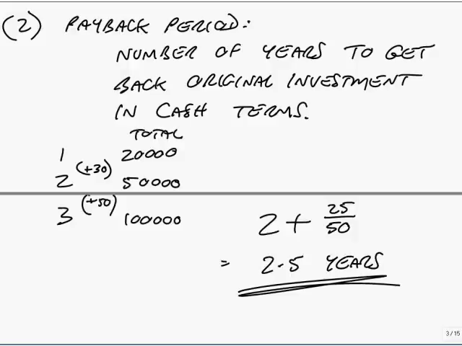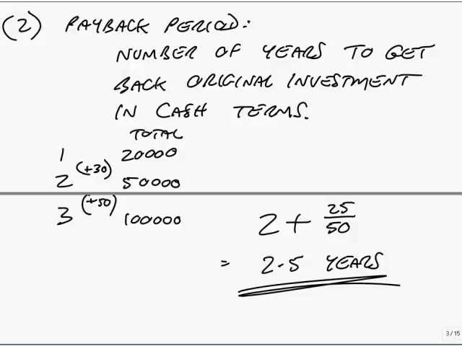You can get 2.5 almost in your head, if you understand. I don't want to confuse anybody. But are we all clear? It'll take 2 years to get back 50,000, yeah? Why do we take these figures and not the present value figures? Because we call that the discounted payback period. The payback period itself, you take the actual cash amounts. You with me? And on that basis, are you happy what I've done there?